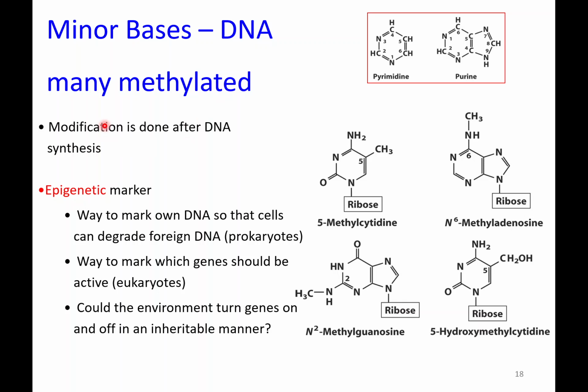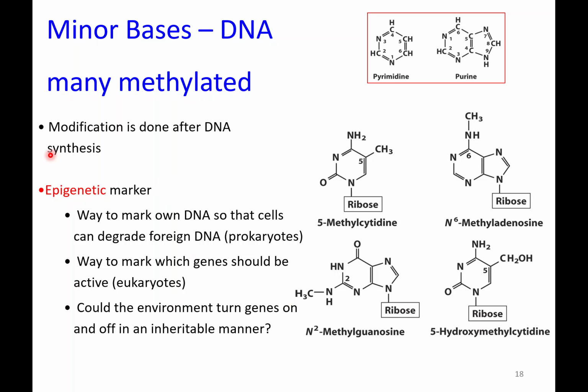That methyl group is added after DNA synthesis, and it's thought to be what's known as an epigenetic marker. In bacteria cells, it's a way to mark the bacteria's own DNA so that the cells can degrade foreign DNA. It's also a way to mark which genes should be turned on or should become active in eukaryotes.